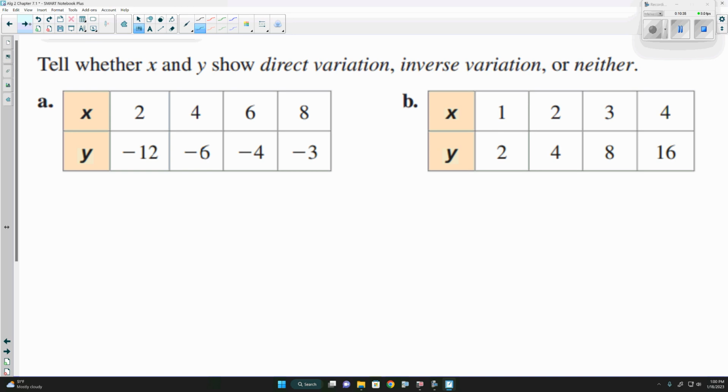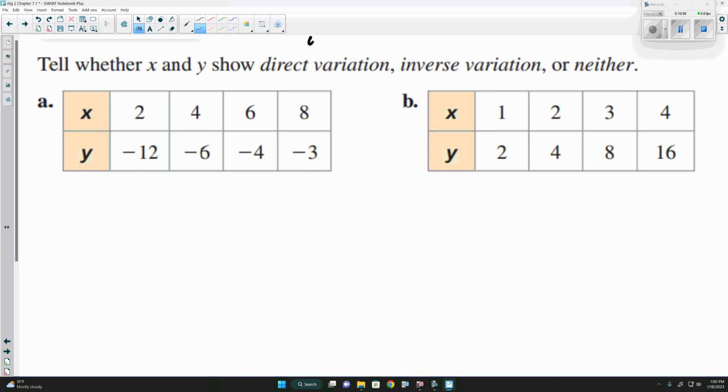So for this part here, we want to determine whether the given set of numbers is direct, inverse, or neither. Now again, when we talk about direct and inverse, how they vary is set by a constant amount. There's a constant number that's going to cause the variation to either both increase or go in the opposite direction. For direct variation, we said y is equal to a times x.